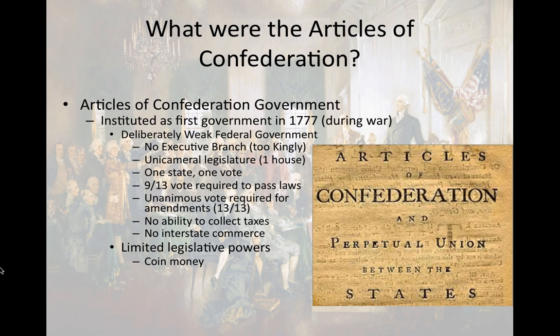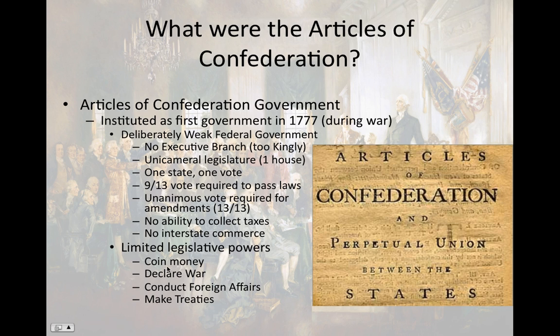For example, they could coin money, but so could the states. And so most of the states coined their own money and didn't use the federal money. They could declare war, and they could conduct foreign affairs, and they could make treaties. But other than that, they really couldn't do much. All of these things would be very, very useful if you were still fighting a European power. We'll call them England.